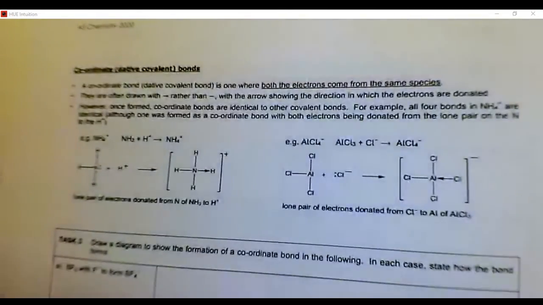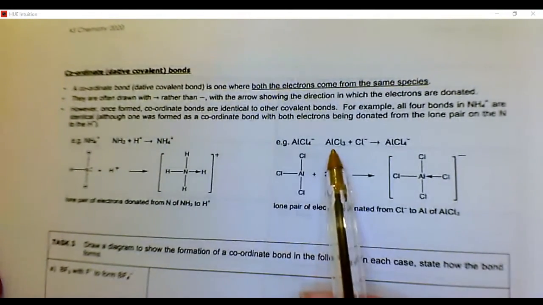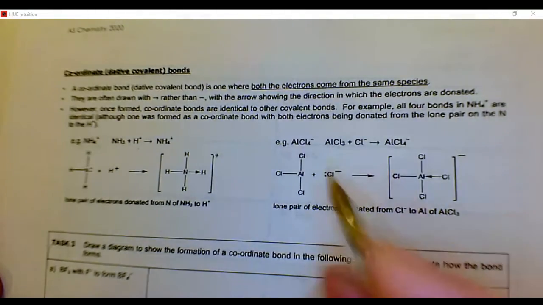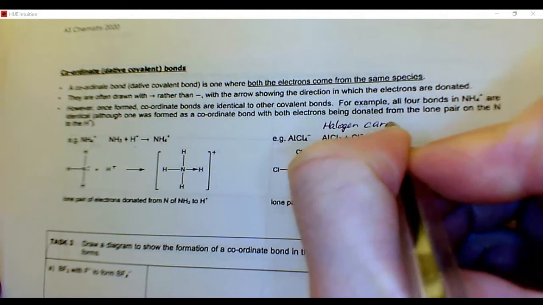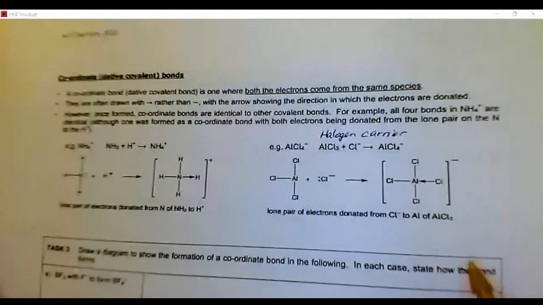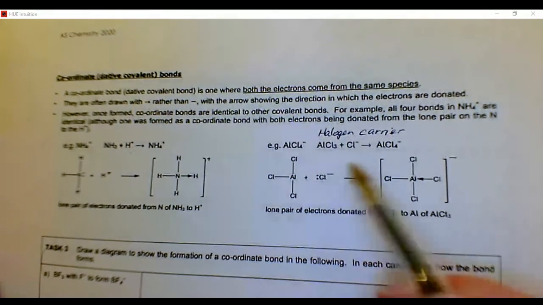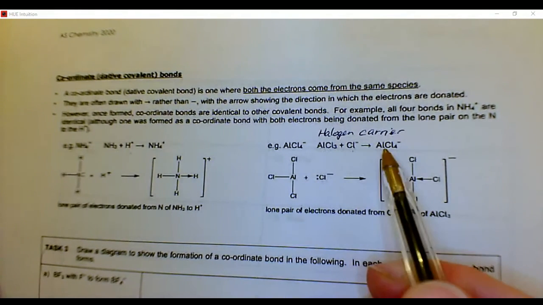So what you have here, AlCl3, is called a halogen carrier. It's a type of catalyst. It sort of activates chlorine. We're not worried too much about it. If it meets a Cl minus, you get AlCl4 minus.